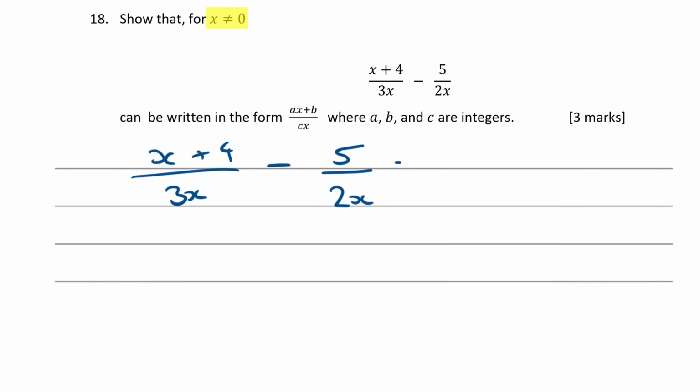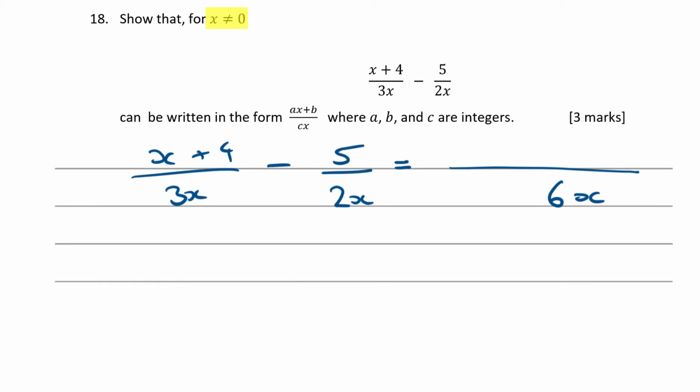And we need to find a common denominator. So I've got 3x and 2x. So what's common? Well, they've both got x in it, so I can have x as part of my common denominator. And I've got the numbers 3 and 2, and so the lowest common multiple of 3 and 2 is going to be 6. So I'm going to use 6x then as a common denominator.